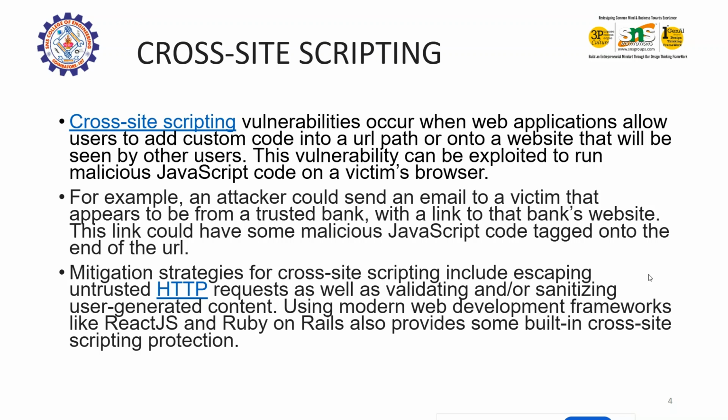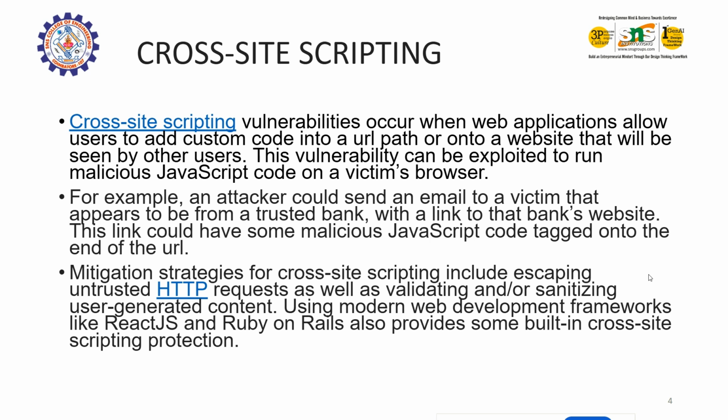These occur when web applications allow users to add custom code into a URL path, or to a website that will be seen by other users. Other users will click it, and that is one kind of attack. This vulnerability is exploited to run JavaScript code on a victim's browser so that they can find out what you are using.